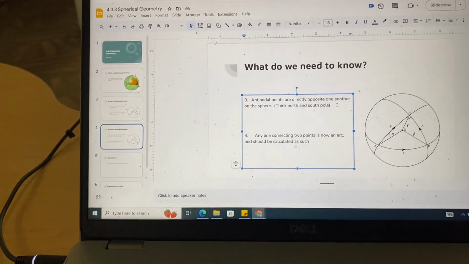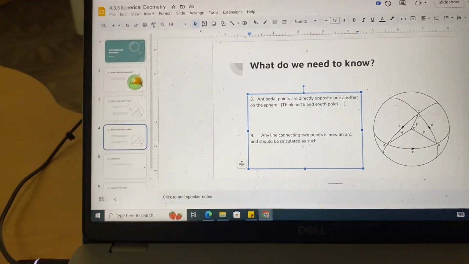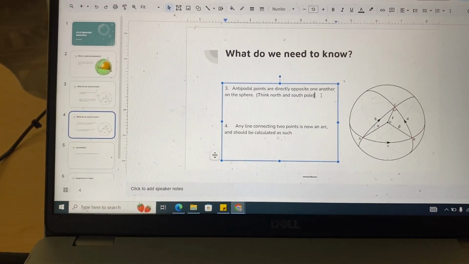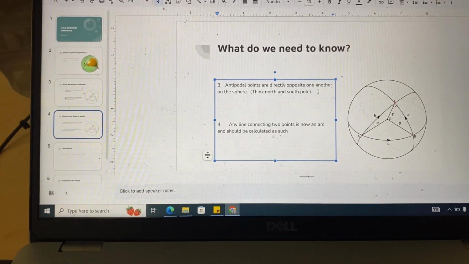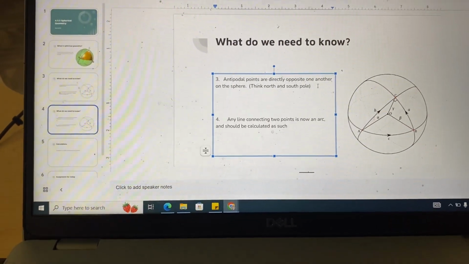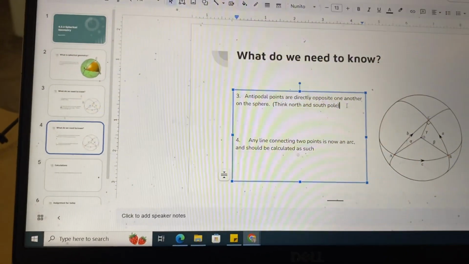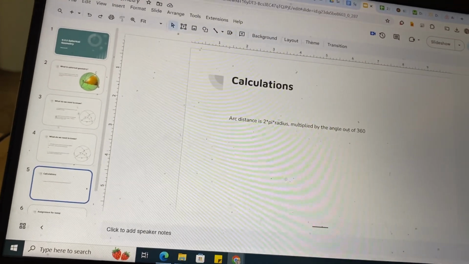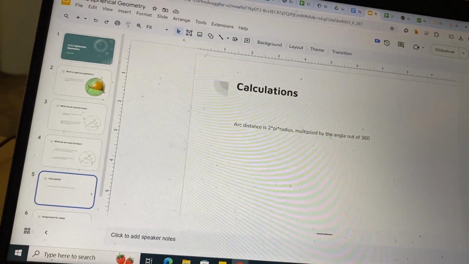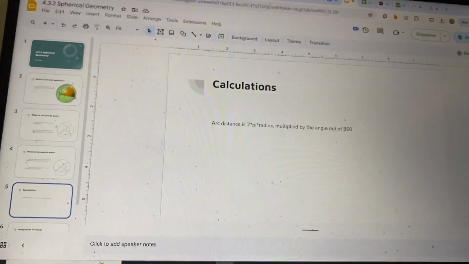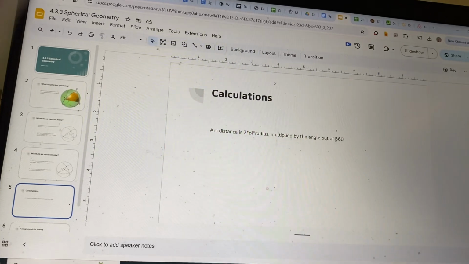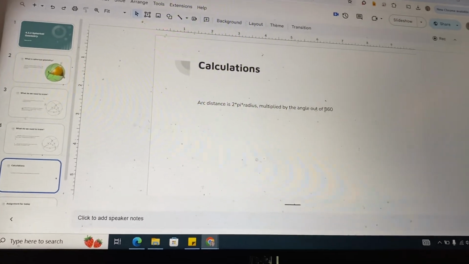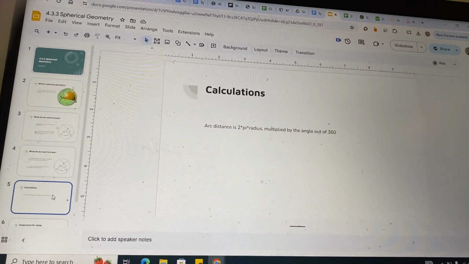We need to find what percentage or what fraction of the full circumference of that circle, that globe, it's going to be, and you calculate the distance by calculating it as an arc, as a portion of the circle. Okay, remember, arc distance is 2 times pi times the radius multiplied by the angle out of 360. So it's important to know your angle, or what portion of the circumference that you're having to deal with, and that's how you calculate the distance between those.